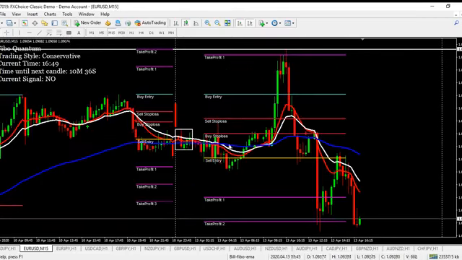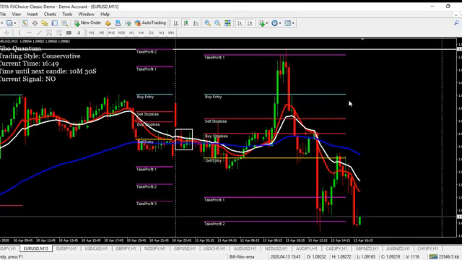Basically, what the market maker will do is he'll entice traders to take trades. He'll move the market in such a way to entice traders to take trades, to accumulate more money, right? And then he'll move it away from them quickly so that they lose their money. So this area right here is the Asian session.